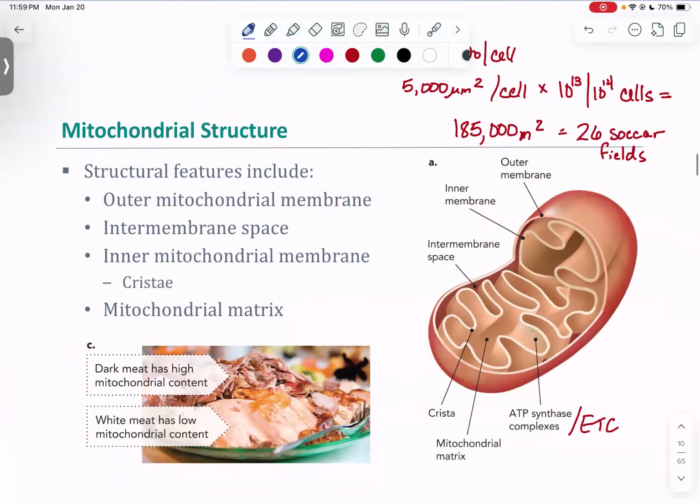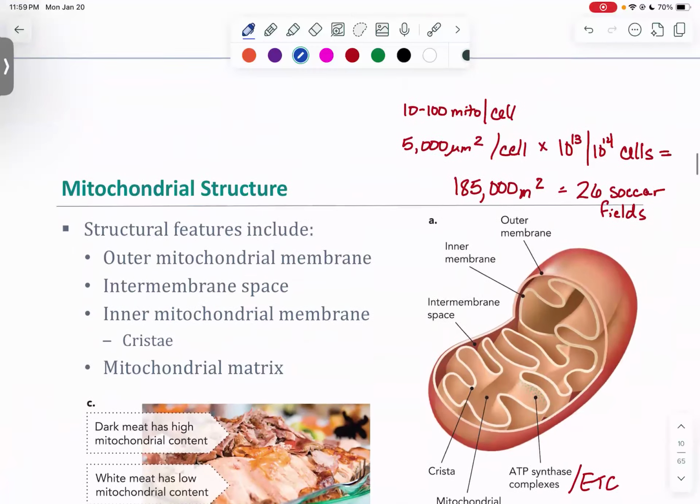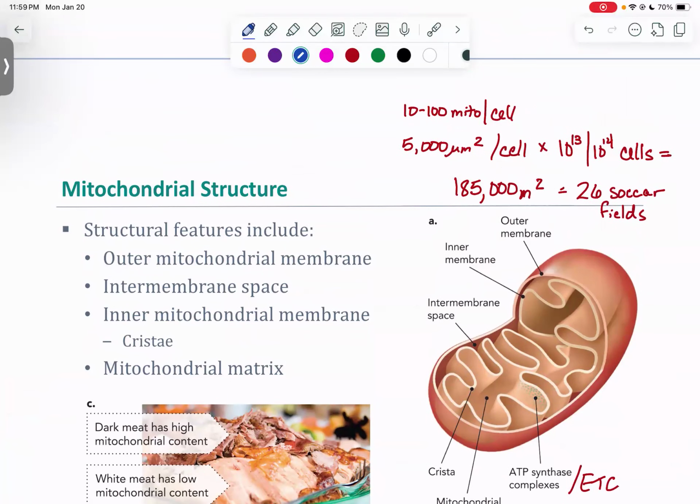All right. So how many mitochondria do you have in one cell, and how much of the electron transport chain and the ATP synthase complex are there? You don't have to memorize this, but it's just kind of cool. Usually the standard person has like 10 to 100 mitochondria per cell.